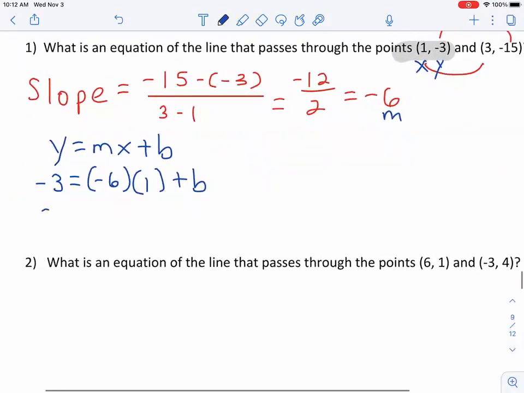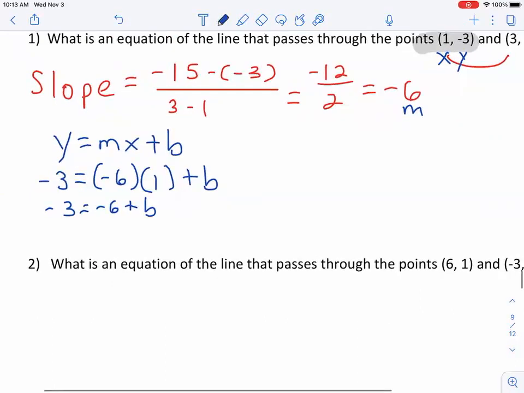So I have negative 3 equals negative 6 plus b. Add 6 to both sides. So b equals 3. So now we're done. Basically, I just have to write my answer.